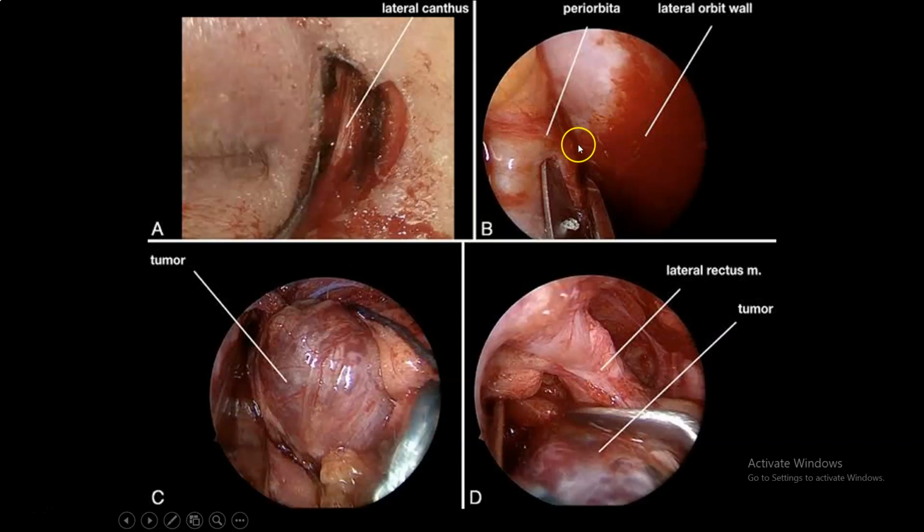So we create a space by pushing the periorbita medially without removing the lateral orbital wall or the rim. You leave everything in place and you go between the periorbita and the lateral orbital wall. And if it is situated laterally, you can see the tumor here, and you open the periorbita above or below the lateral rectus. Here is below the lateral rectus to see the tumor and take it out.